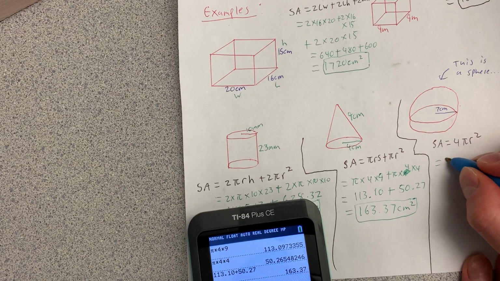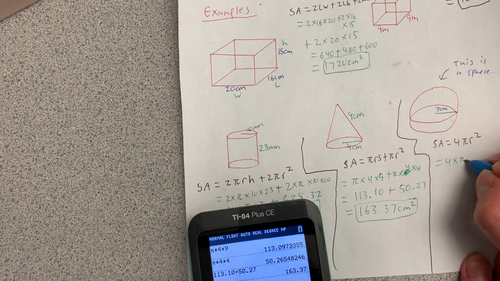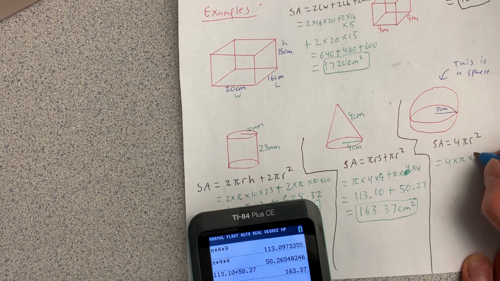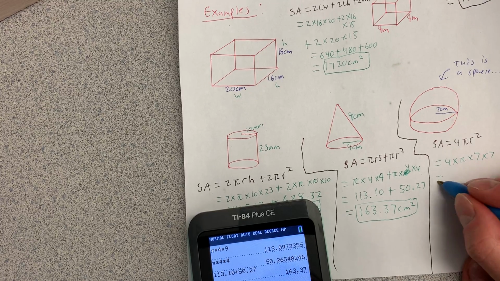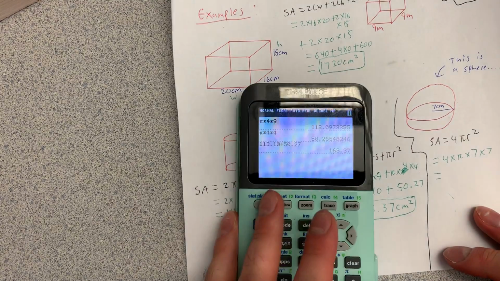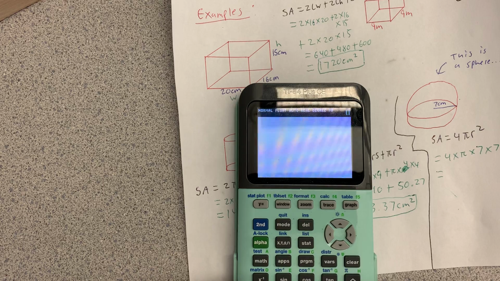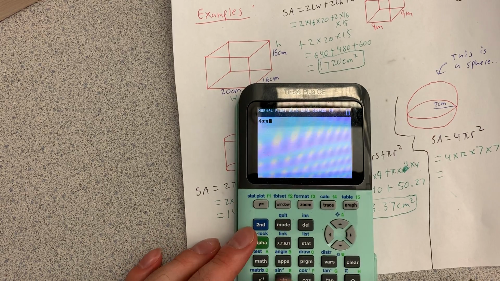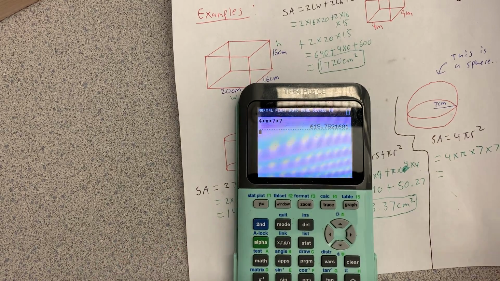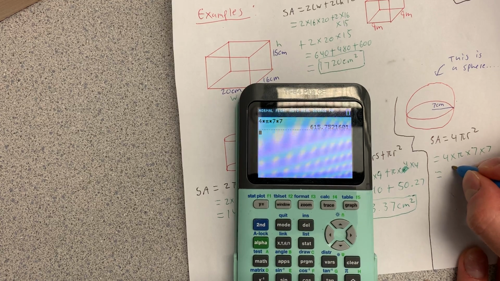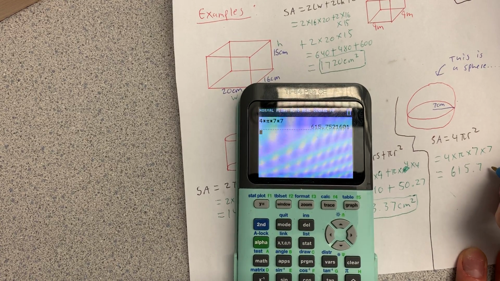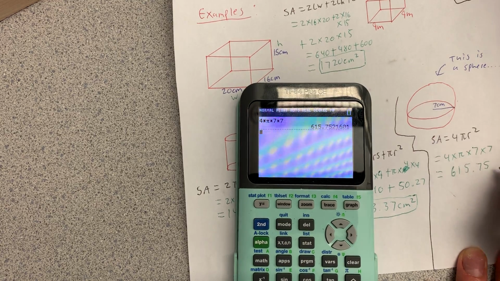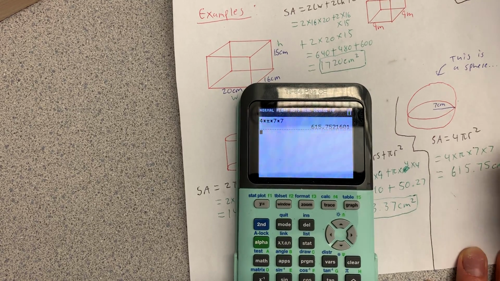So 4 times pi times 7 again because it's squared. Now I'm just going to work that out, and I am done after that. 4 times pi times 7 times 7. To 2 decimal places, I get 615.75 centimeters squared.